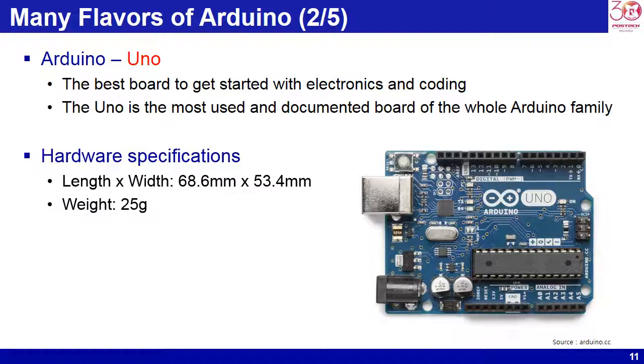Basically, it has a size of 68.6 millimeters in width and 53.4 millimeters in length. And it is slightly larger than a credit card. It weighs 25 grams and it's very lightweight.